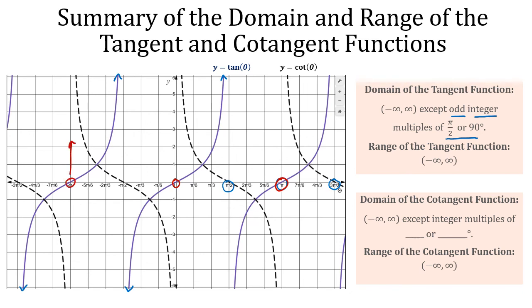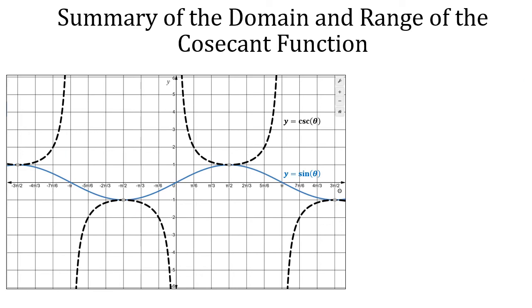That's for the dashed line. Don't confuse it with the other one. So 0 pi, 1 pi, I bet we could even say 2 pi. So these are just integer multiples, not odd integer multiples, of pi or 180 degrees. And this one has a range that is the same as the tangent function, being all real numbers.